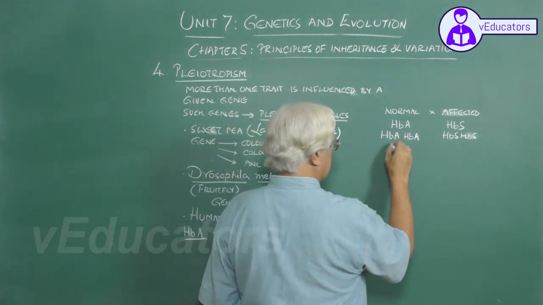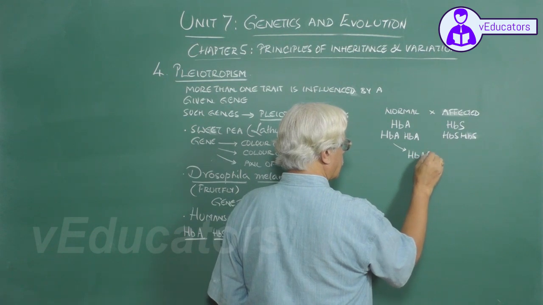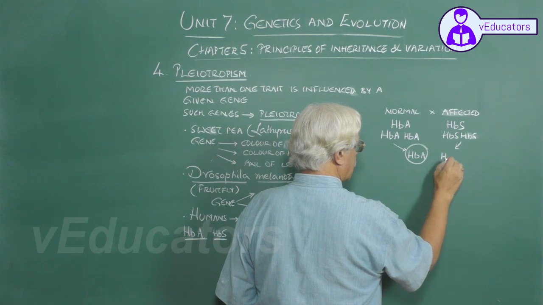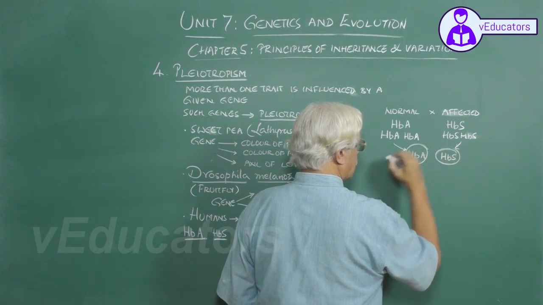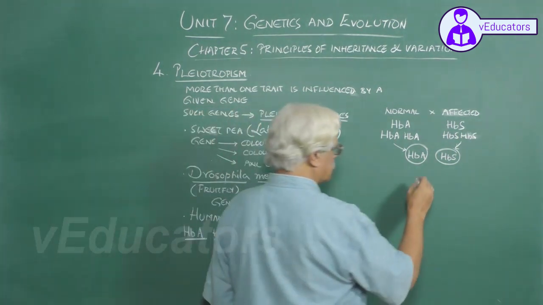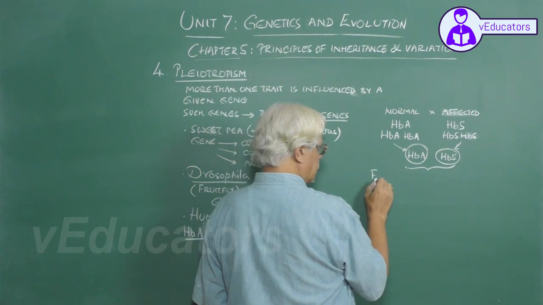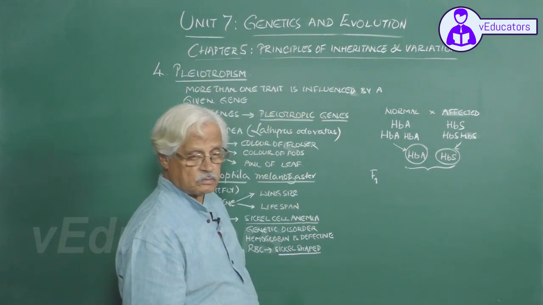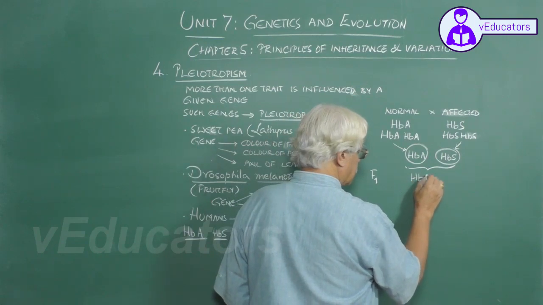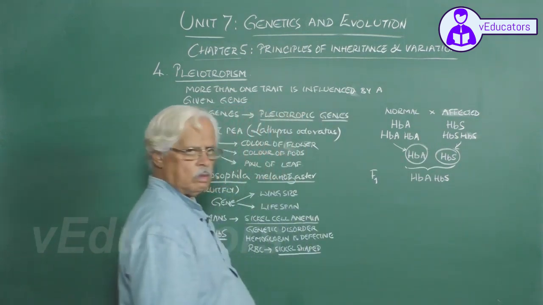So the gametes will be HbA here, HbS here. So their offspring in the F1 generation will be carrying the genotype HbA, HbS.